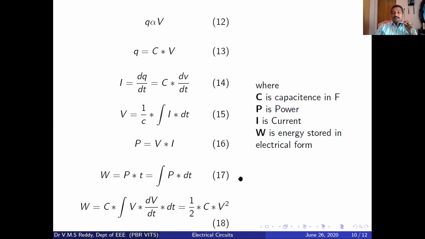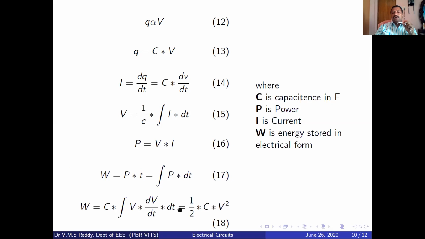So we remember, we can increase the energy stored in the capacitor by increasing the capacitance value or by increasing the voltage. This is voltage excitation, the voltage applied by the active element as a source.